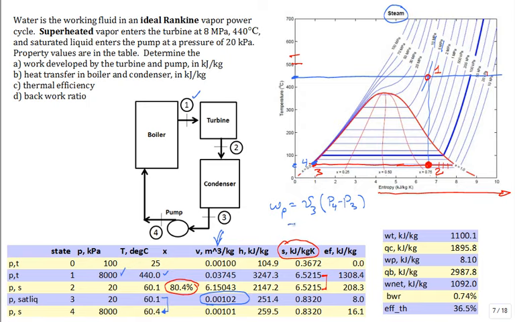Let's do that if you have a calculator. 0.00102 meter cubed per kilogram times 8,000 minus 20 kilopascal. And then you have to recall, okay, kilopascal times meter cubed is a kilojoule. So this converts right away to kilojoule per kilogram.